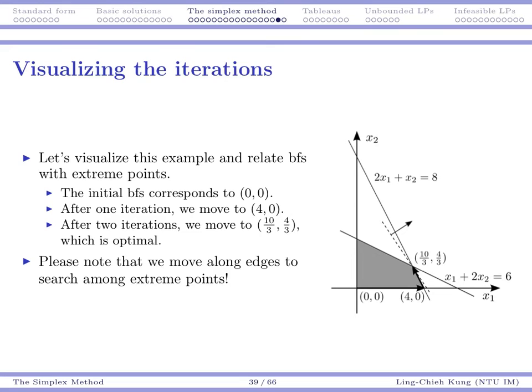By doing some graphical interpretation, you may check we are indeed moving toward the optimal solution and eventually stop at an optimal solution. And we are indeed moving along edges, right? And we are really moving along extreme points. Every time we stop at a basic feasible solution, that corresponds to an extreme point of the feasible region. So we are really implementing our concept with that algebra.